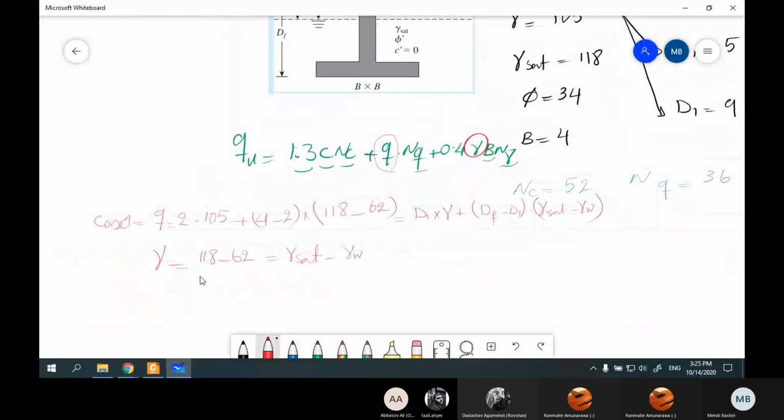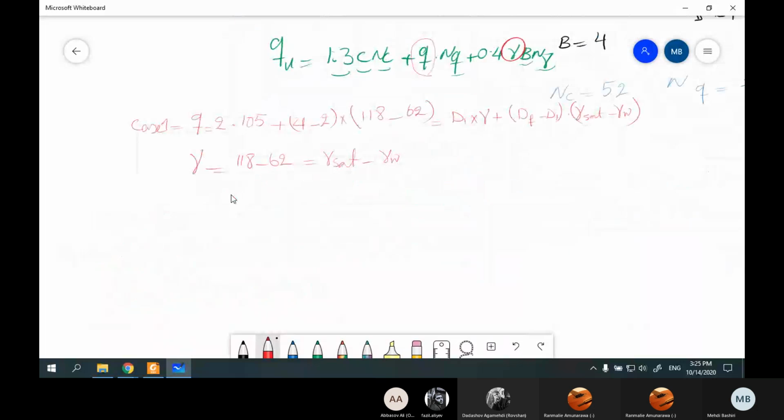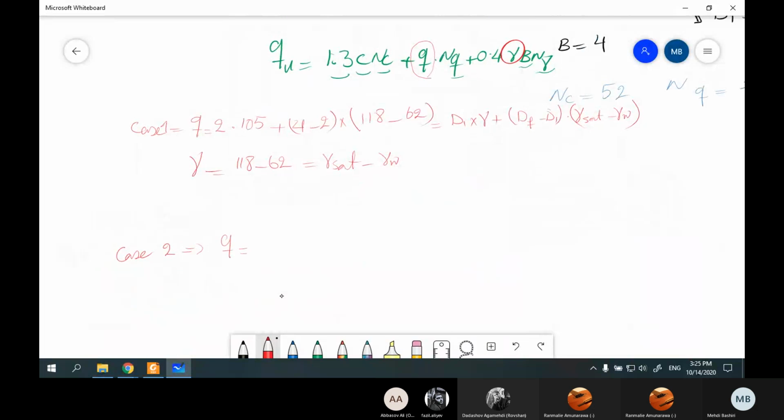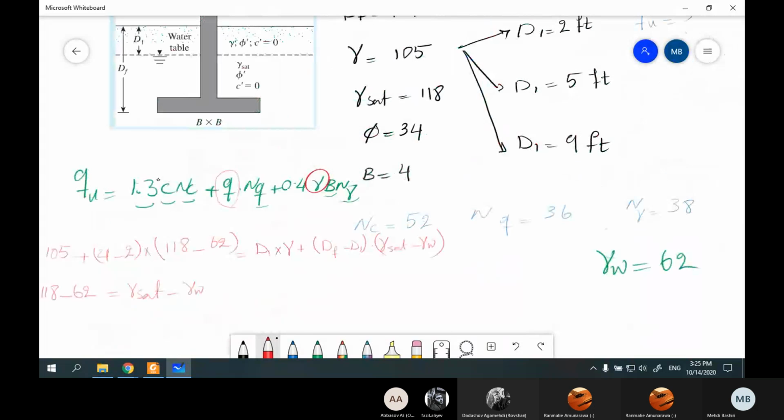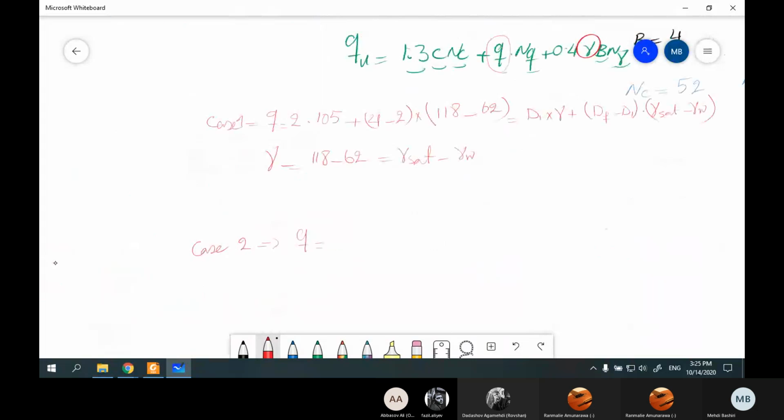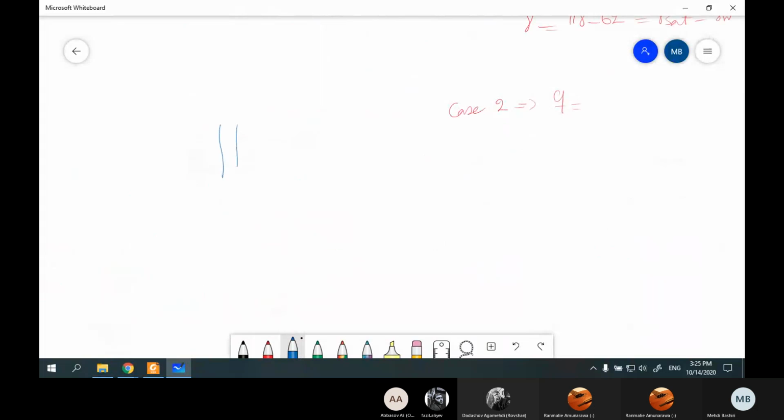For the second case, D1 is 5. What does it mean? D1 is 5. That means this is the foundation. This is the ground level, and this is D1, and this is the water table.